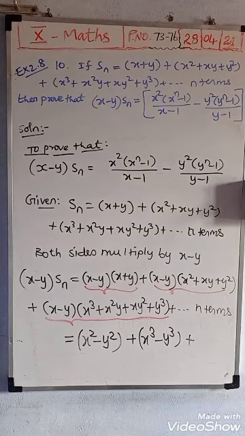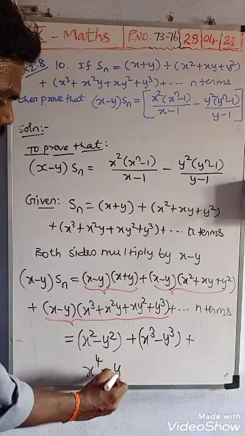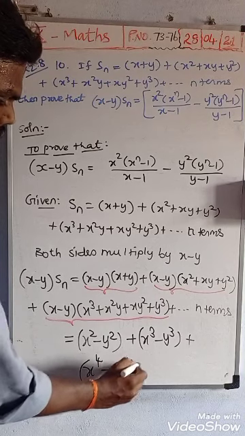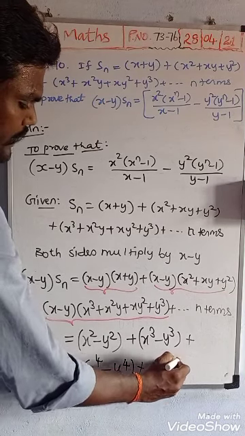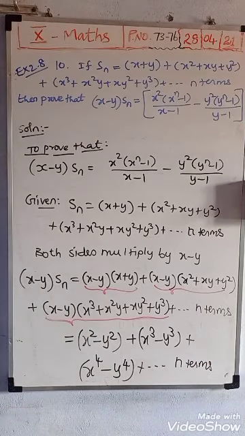Cube started, next 4 only wants to come. Yes, next what is that? x power 4 minus y power 4. Okay, plus up to n terms. Understand? So first x squared minus y squared, next x cube minus y cube, next x power 4 minus y power 4, and so on, up to n terms.